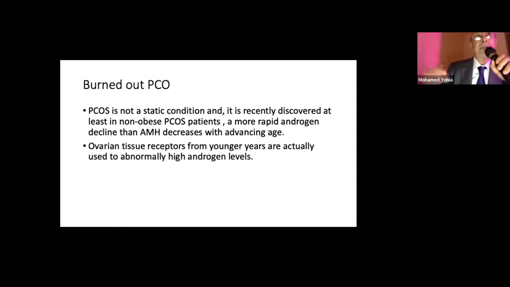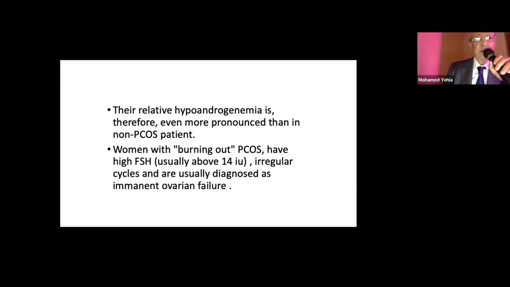So at the time when AMH decreases and androgen decreases, AMH will decrease, but not proportionately so. The ovarian tissue receptors from younger years are used to abnormally high androgen level. This relative hypoandrogenemia is therefore even more pronounced in non-PCOS patients.